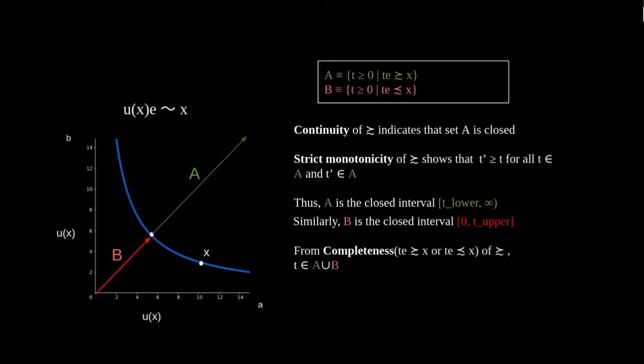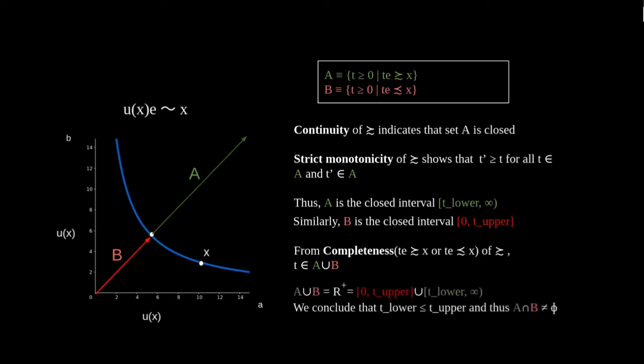From the axiom of completeness, T is an element of the union of subsets A and B. We define that T lower is lower than T upper, and this means that the intersection of subsets A and B is non-empty. This demonstrates that there exists such a function Ux that makes UxE indifferent to the consumption bundle X.